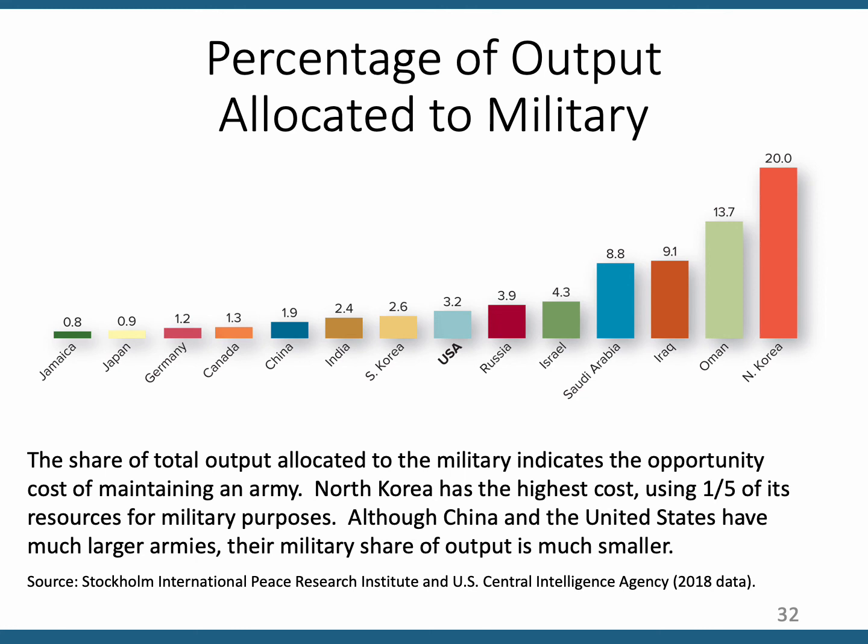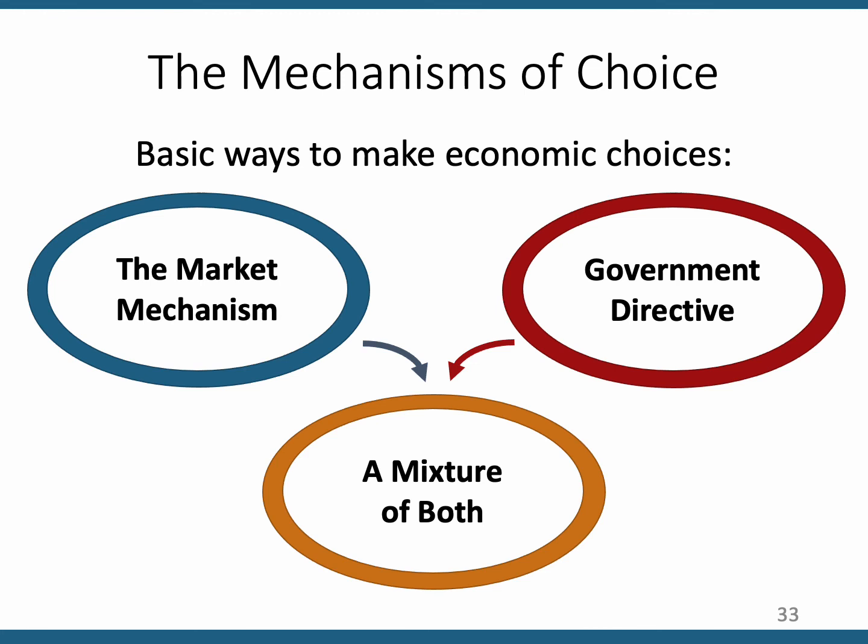Now, we haven't talked about gross domestic product yet. That's coming up in the next chapter. That's how you measure how much is produced in your economy. Gross domestic product. That's the total dollar value of all the goods and services that you produce in a year. So 3.2% of our GDP is our military. That's what that means. 20% of North Korea's GDP is their military.